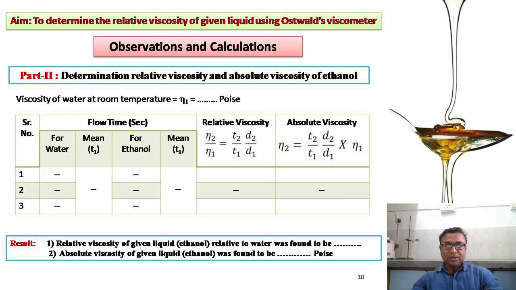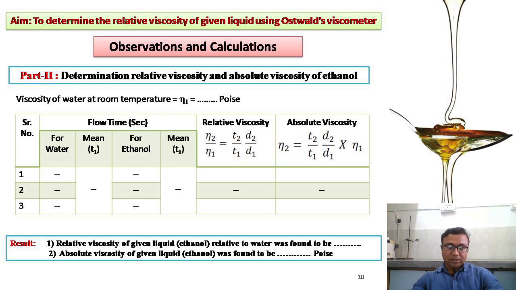So this is the observation table. Note down the viscosity of water at room temperature, that is eta1 in poise, from the literature. It is known at a particular given temperature. And note down the results of water by serial number. This is the flow time.